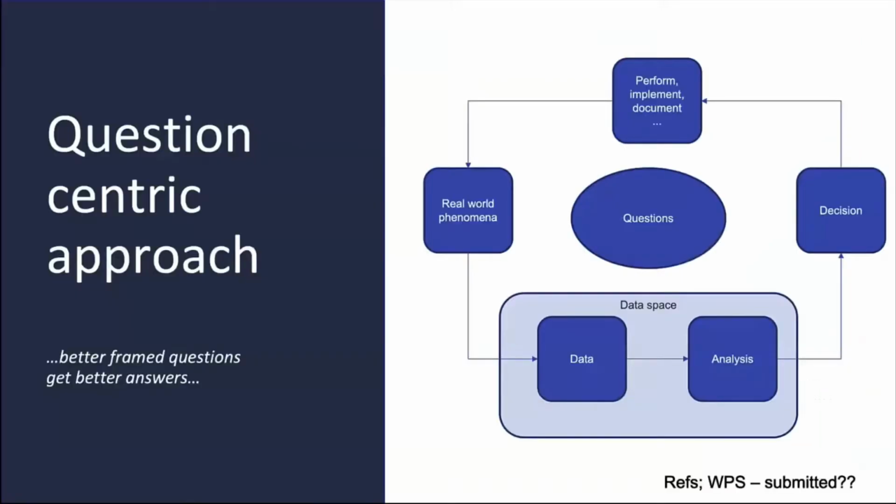A question-centric approach considers all these data sources that can be informative for the question of interest, and also all the methods that might be relevant for analyzing these data and addressing the question of interest.